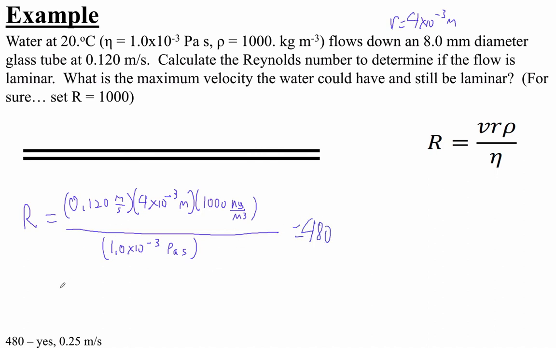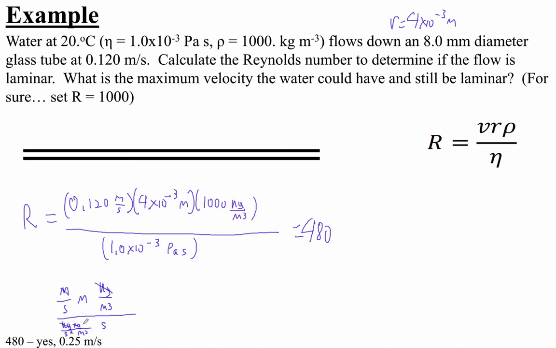Now my units: in the numerator, I've got meters over seconds times meters times kilograms over meters cubed. In the denominator, Pascal is a Newton per square meter, so that is a kilogram meter per second squared per square meter, times seconds. Okay, kilograms cancel.